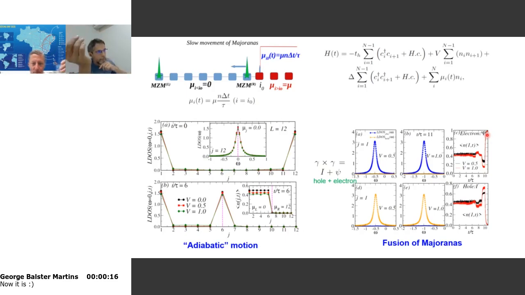So if you have a hole, then you would end up with 11 electrons. So this one electron that is missing was lost to the superconductor. In short, yes. Okay.